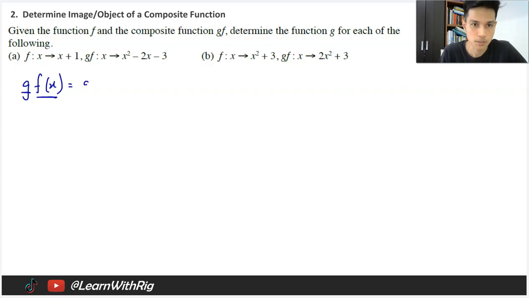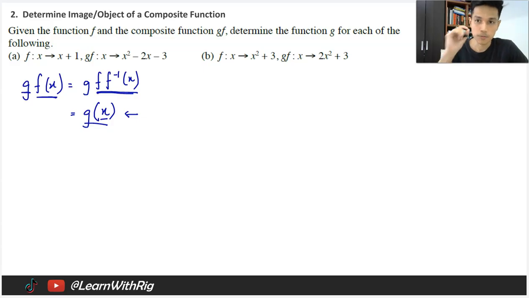So it's going to become g(f(f inverse(x))). Why am I doing this? Because when I do this, essentially I'm neutralizing the function. I'm neutralizing the f(x) so that it becomes x. So you get g(x). This is the answer that you are looking for.